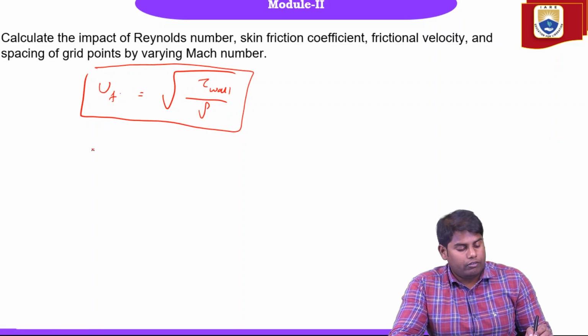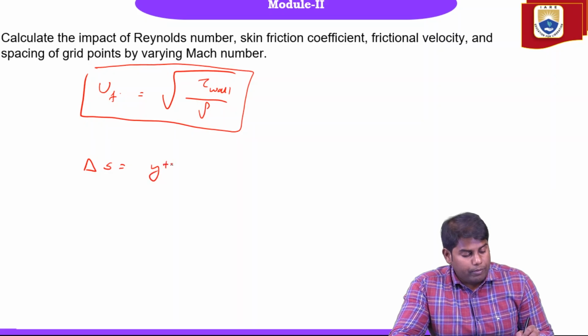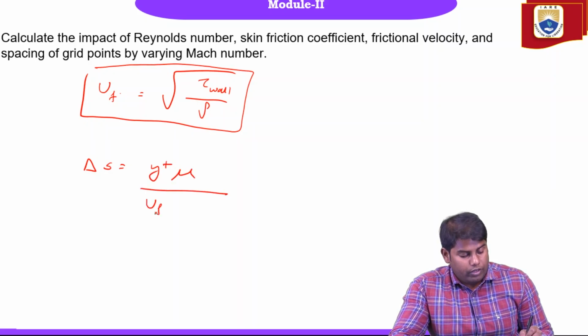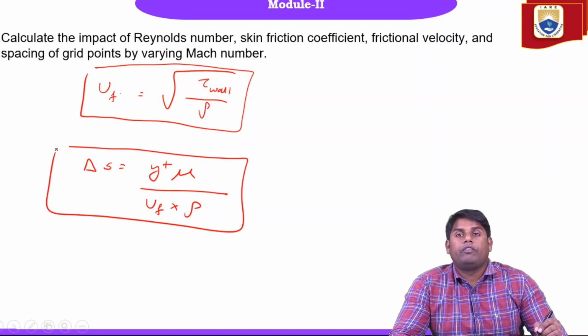Here we use this for spacing: delta S is equal to y plus mu divided by u friction into rho. So this is what we have.